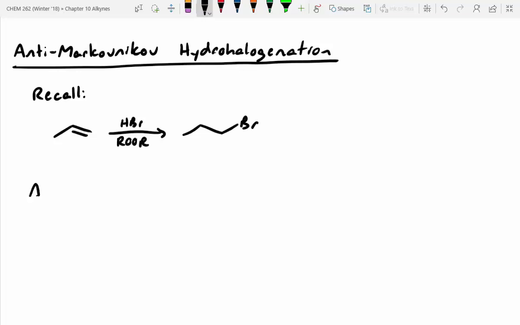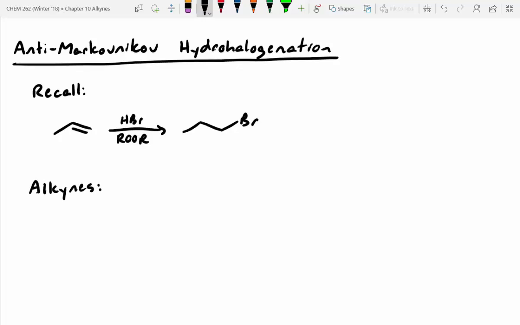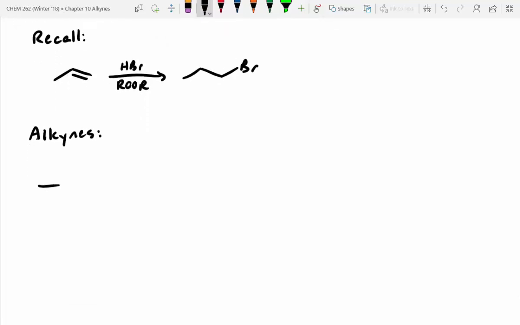And with alkynes, it's similar. So let's say we've got a simple alkyne, the triple bond right there. If you treat this with HBr and peroxides, you'll end up with an alkene where your bromine can come off that less substituted carbon.